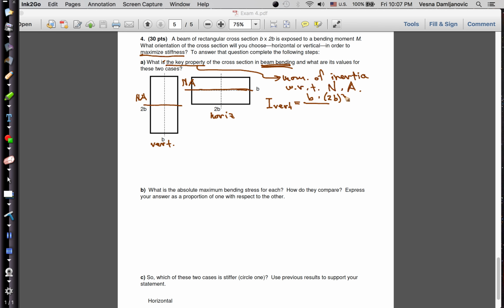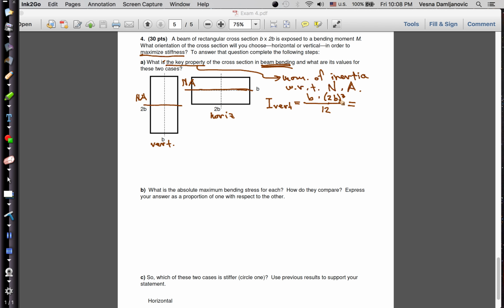b times (2b) to the third over 12. So the height for the vertical one is 2b.